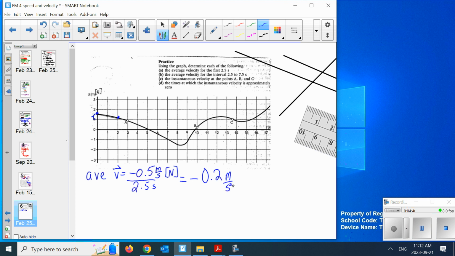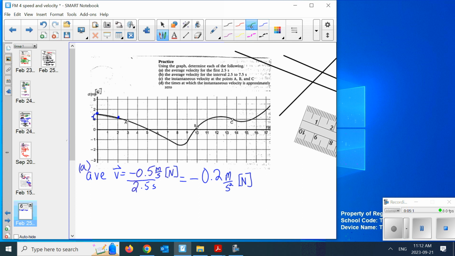And that's acceleration. This is good. But that's not precise because we're doing a straight-line estimate there. Average. And that means you're braking or slowing down at an average rate of 0.2 meters per second every second. That's A.